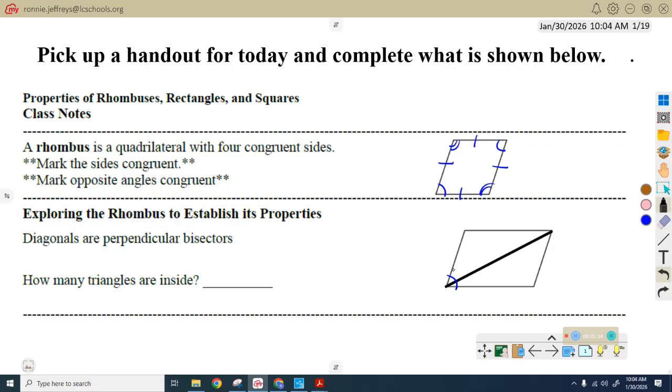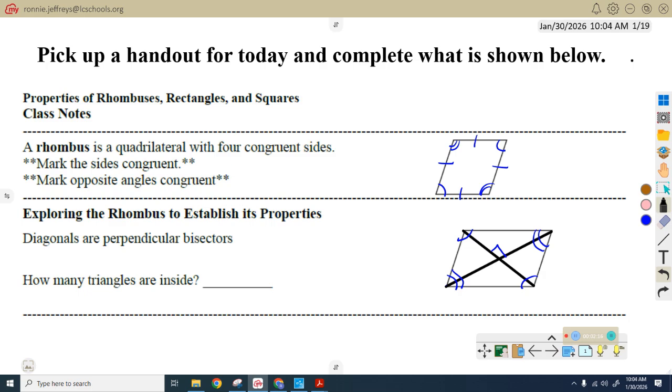Now we have four little congruent angles when we do that, and then same thing here. Now, it bisects a couple things. It bisects the angles, and it also bisects each other, and it makes a right angle. So where they intersect, they're all 90 degrees.